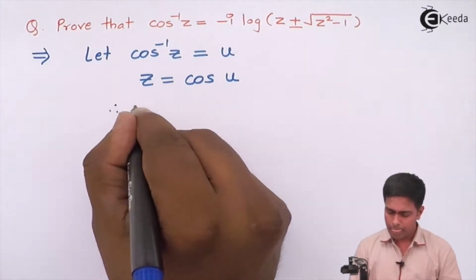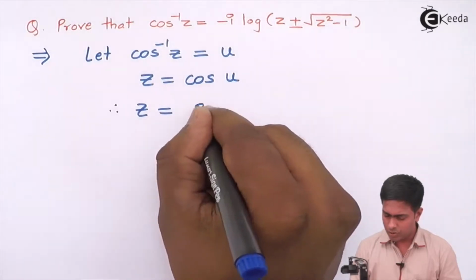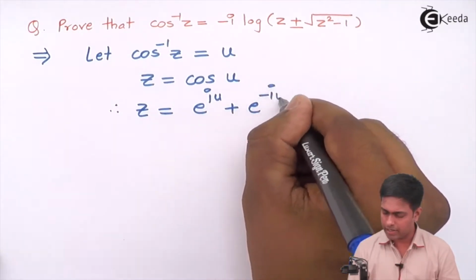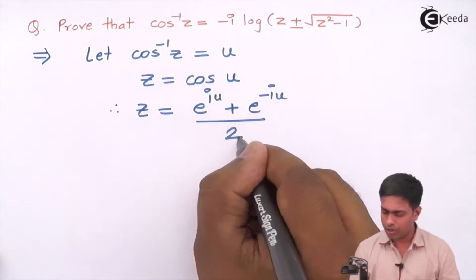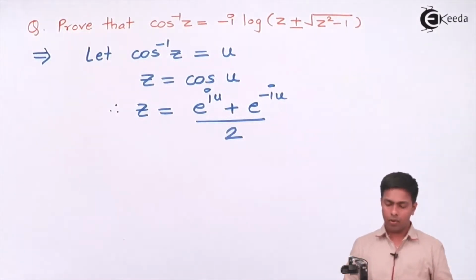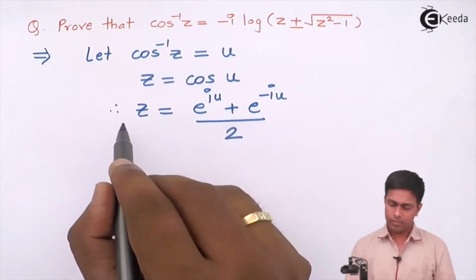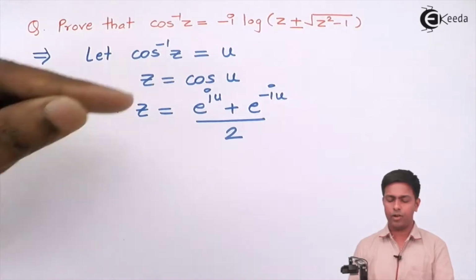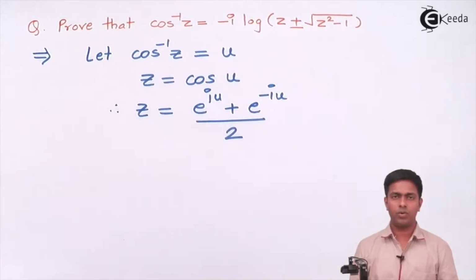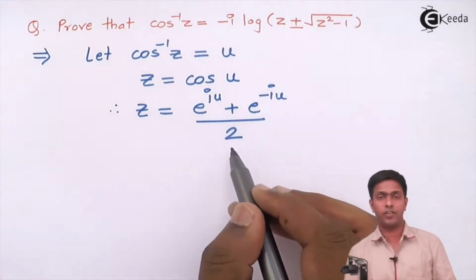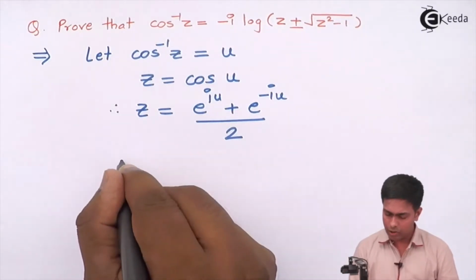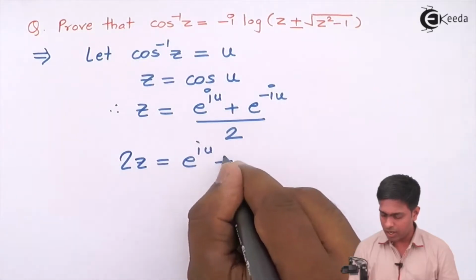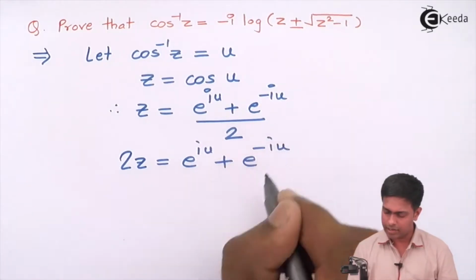So therefore z equal to e to the power iu plus e to the power minus iu upon 2. Now here we have to solve this and we have to find the value of u, because u must be this value. So to solve this, what I'll do is I'll first shift this 2 to the left hand side. So that will become 2z equal to e to the power iu plus e to the power minus iu.